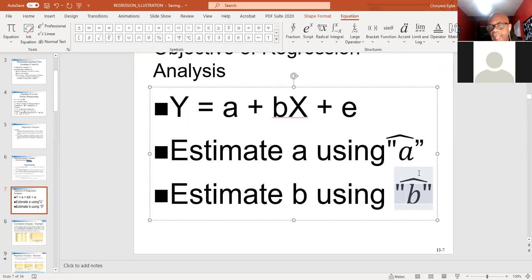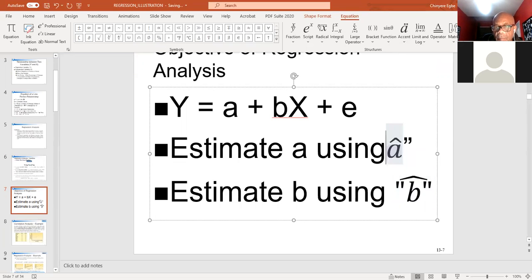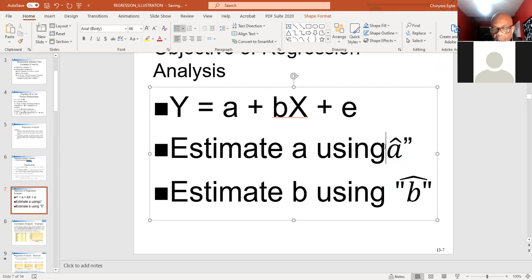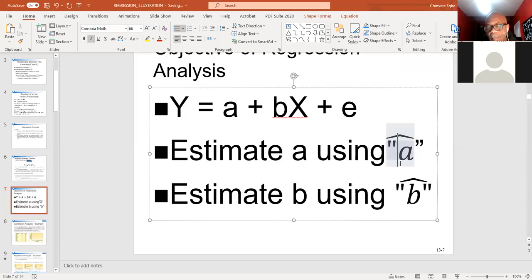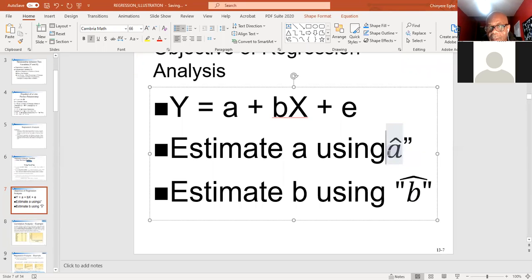So now remember that these are estimates. Okay. A hat and B hat are estimates.